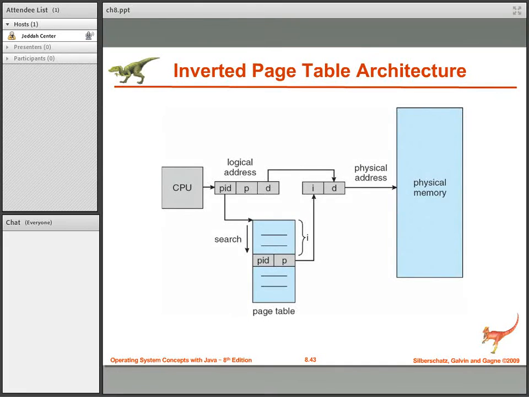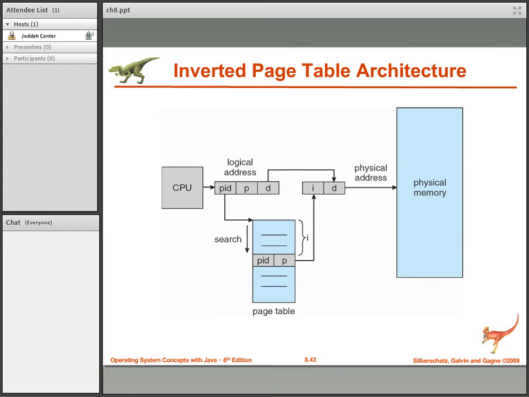This is the diagram for the inverted page table scheme. You have the CPU giving you the P, the process ID, with the P and the D, the usual logical address. Then you do a search on the process ID.